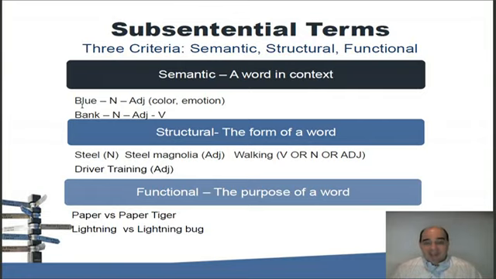He's had a blue day. Well, a blue day, it's going to be an adjective, but the meaning is going to be a little different. If I were to say he's blue, that would also have a different meaning, saying that he's not happy, but it also may mean he's not breathing, depending on the context. So we want to look at the semantics when we're trying to understand the meaning of words.